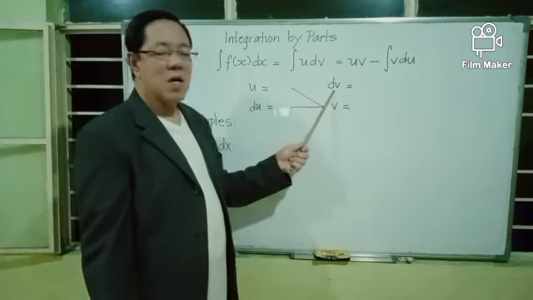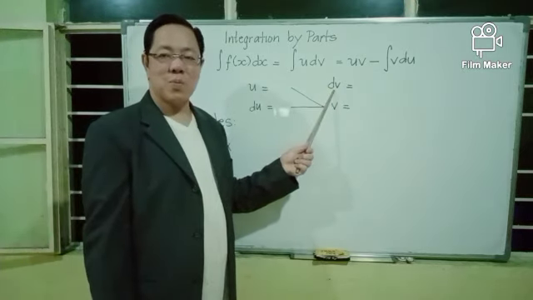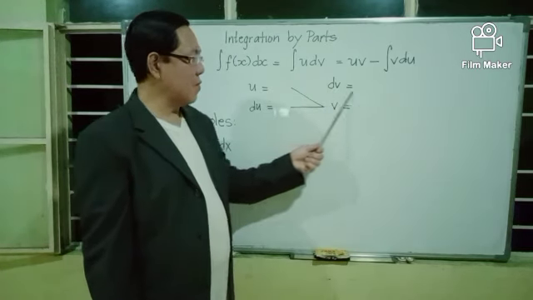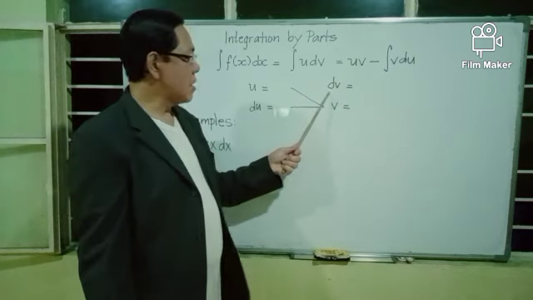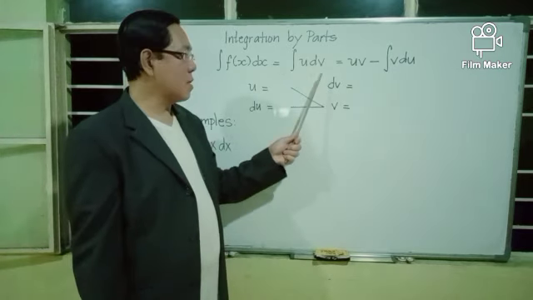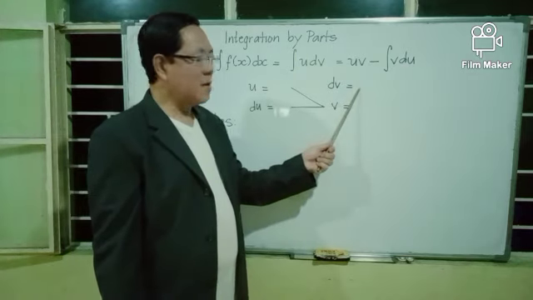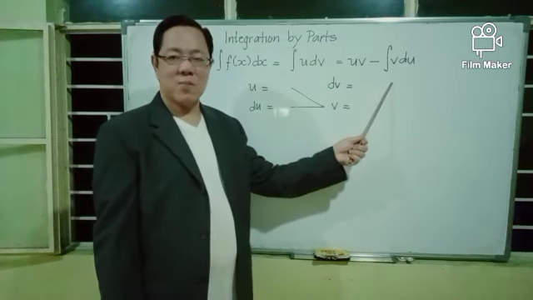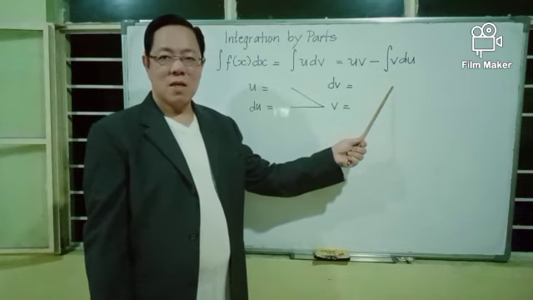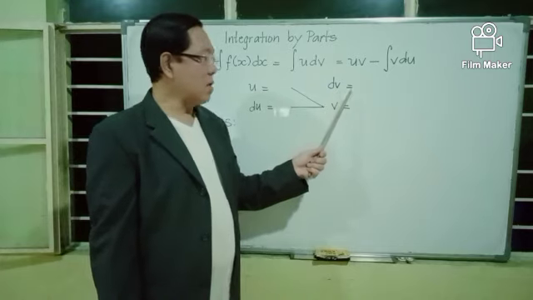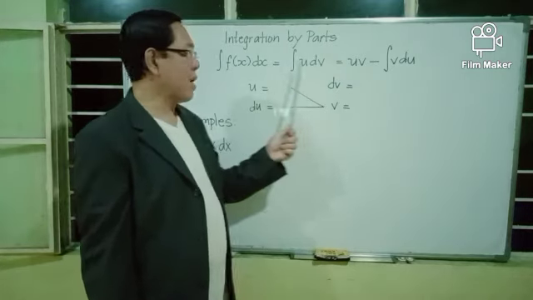And after you have decided which expression is to be dv, you integrate both sides of this equation. The left-hand side with respect to v, that's why the integral of dv is v. And the right-hand side here is an expression, a function of x with dx. dv is always an expression multiplied by dx.